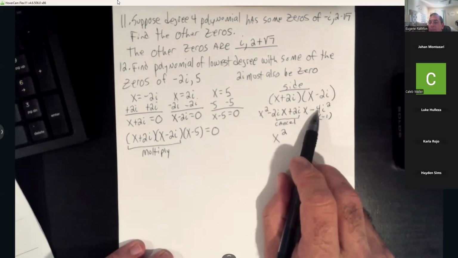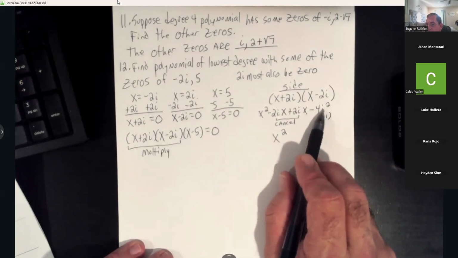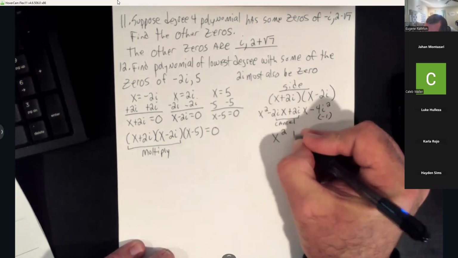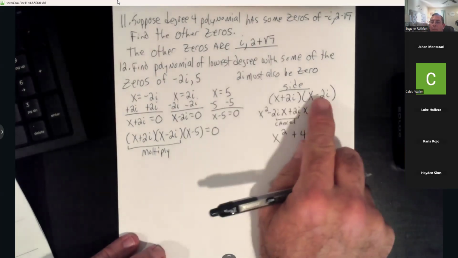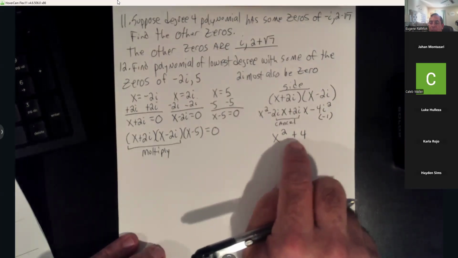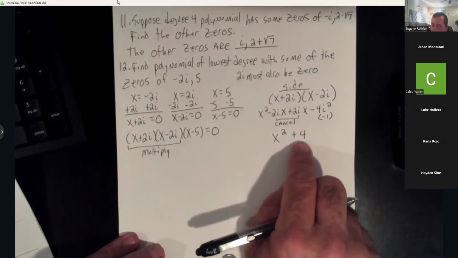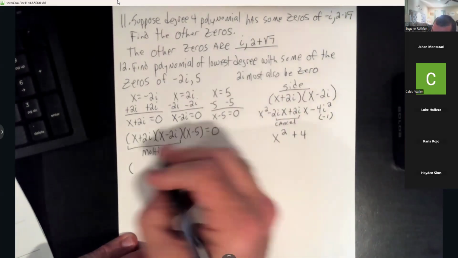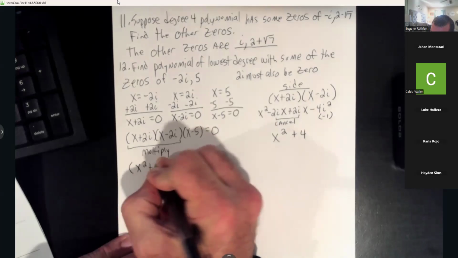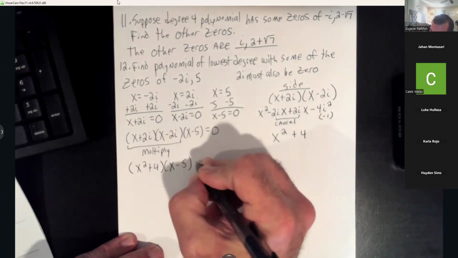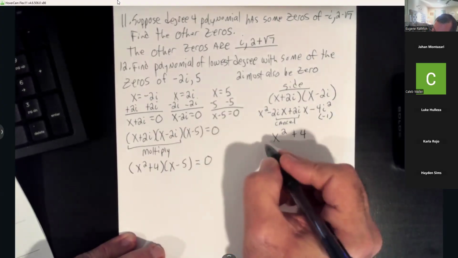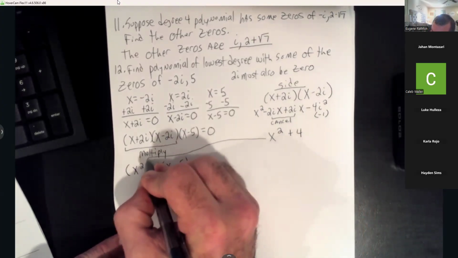So this is a negative 4 times a negative 1, which makes that a positive 4. So the complex imaginaries always end up being positive, okay? All right, y'all, so that'll go over here, x squared plus 4. Then I'll bring down my x minus 5 and still set this equal to 0.